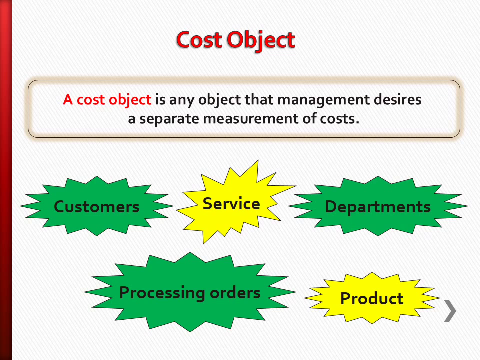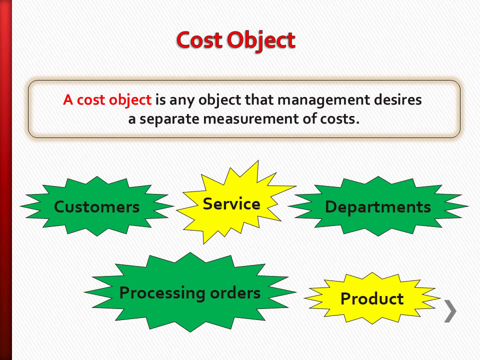One might be customers themselves, where we want to identify the cost of servicing each of our customers. We can also ask whether or not a customer is profitable. Sometimes, after we perform a cost analysis, we identify customers we need to eliminate.